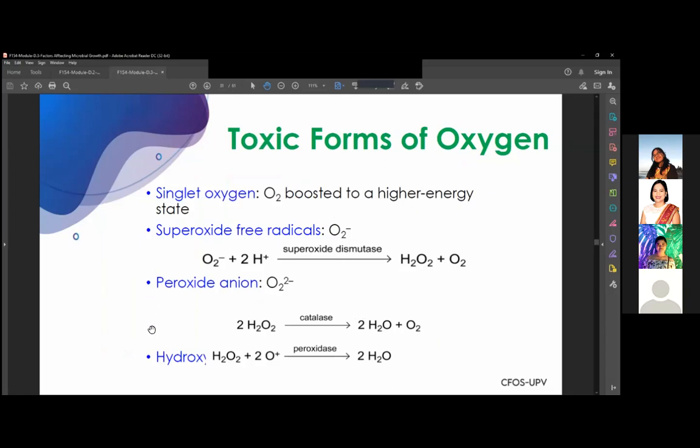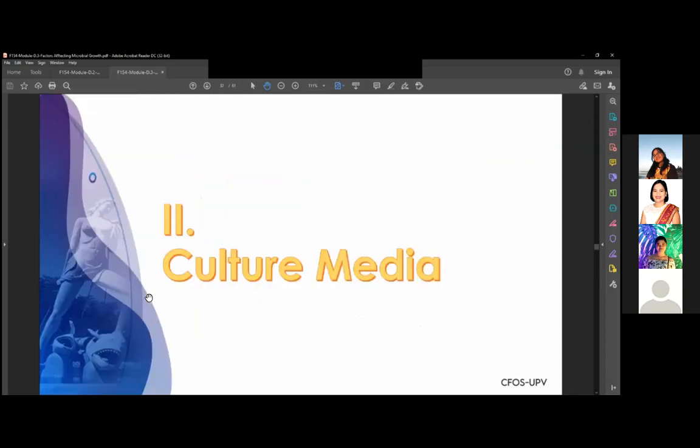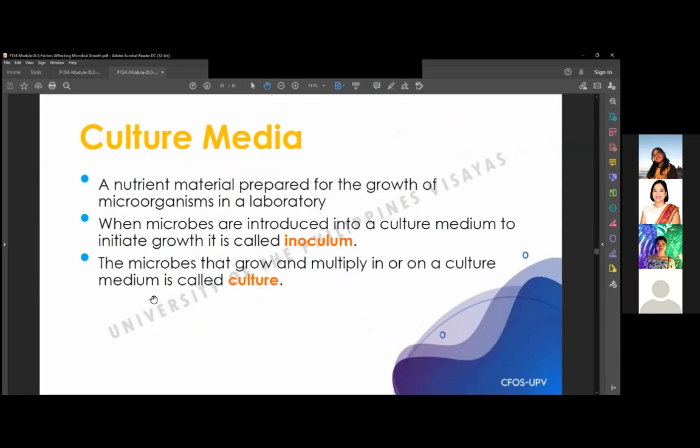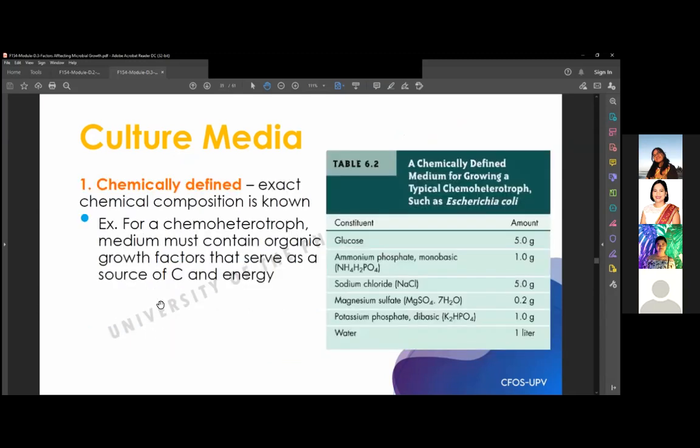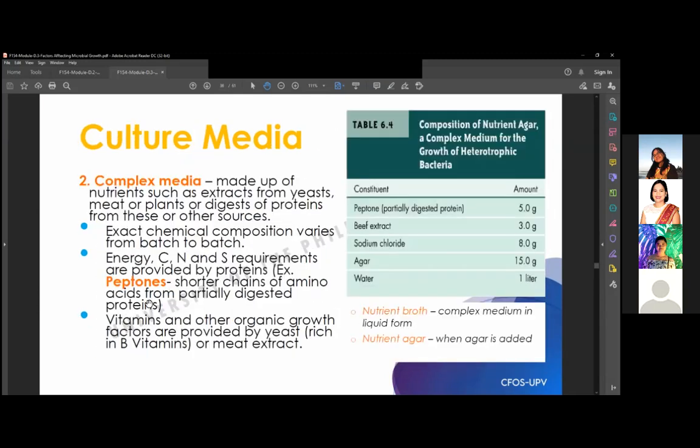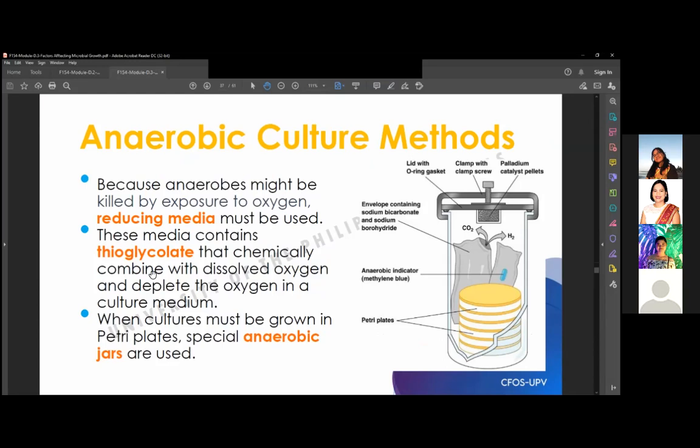Sige, very quickly browse natin. Ayan, toxic forms of oxygen, culture media. Ayan, okay lang naman yan. Kayang-kaya nyo yan. I trust you. Sige, chemically defined. Ayan. So, teka.